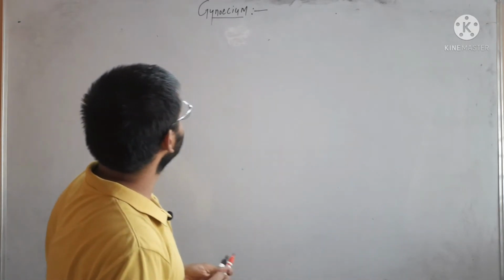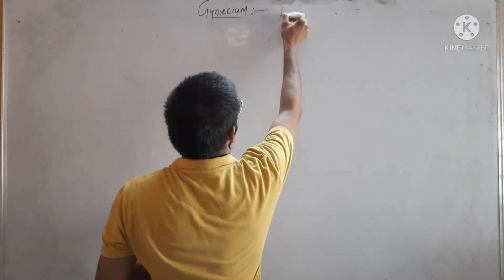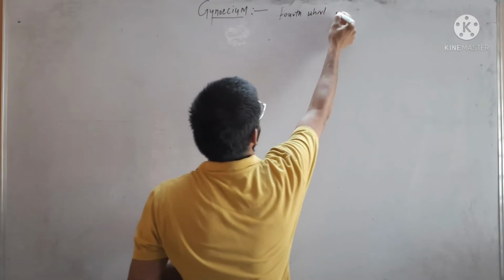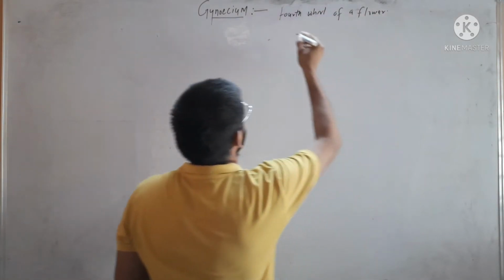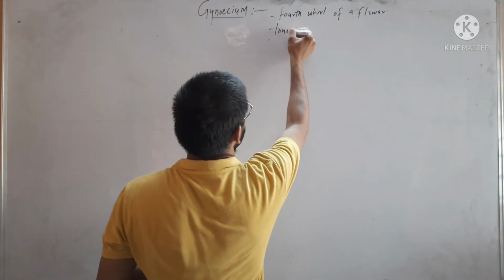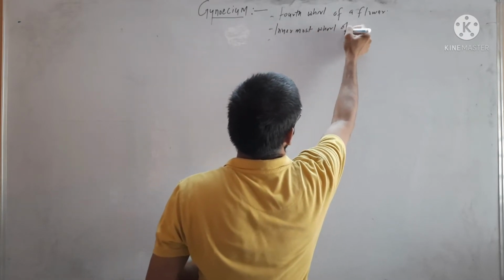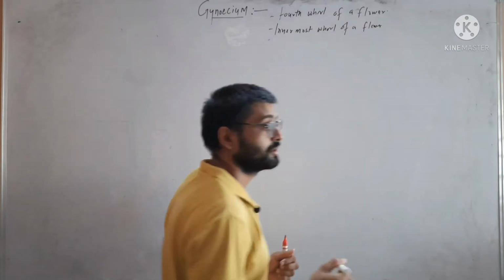So what is gynoecium? Gynoecium is the fourth whorl of a flower, or you can also write it as the innermost whorl of a flower.